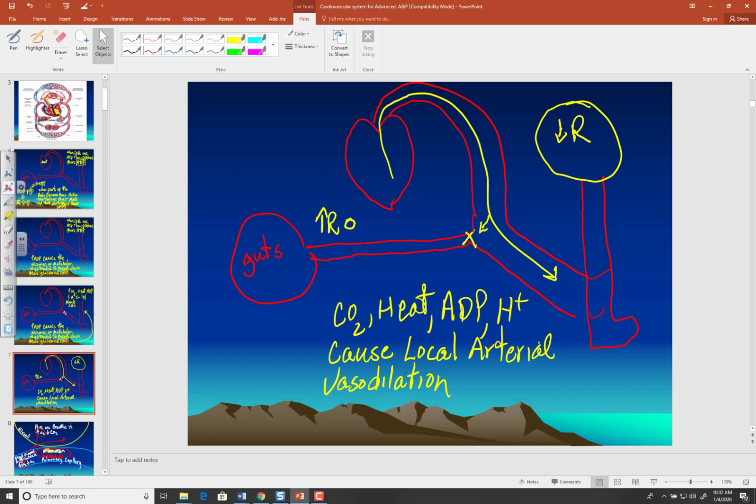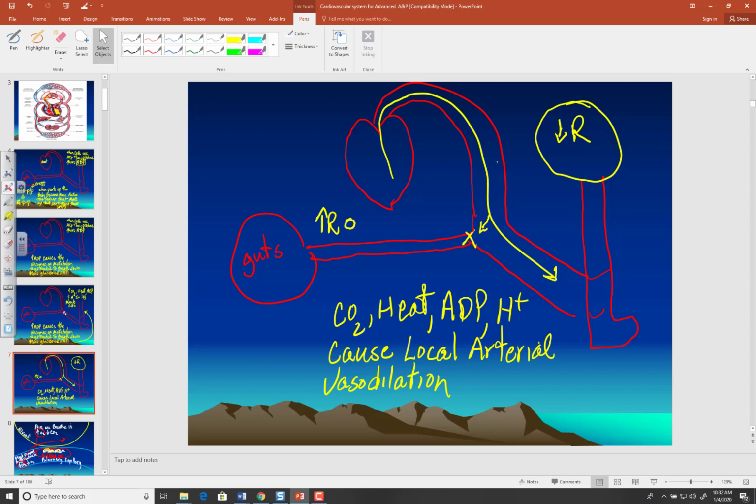Parts of the body that are not metabolically active, those arteries are going to remain constricted, so the diameter is smaller. And when you start becoming more metabolically active, the byproducts of metabolism, because you're producing more of them, in the legs, that's going to cause the arteries that supply the legs to dilate.